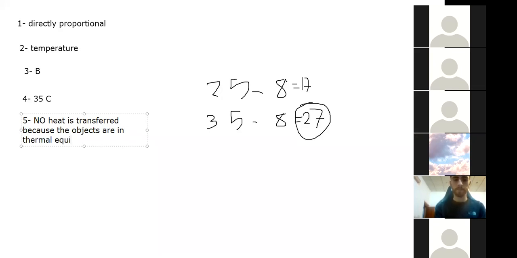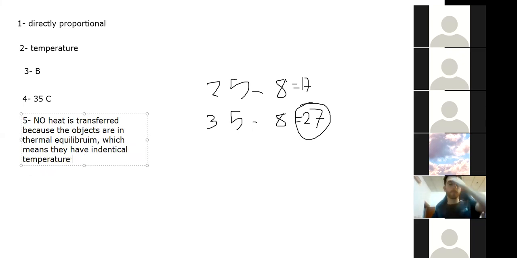If they are in thermal equilibrium, it means they have identical temperatures.